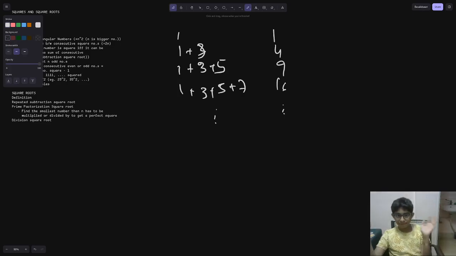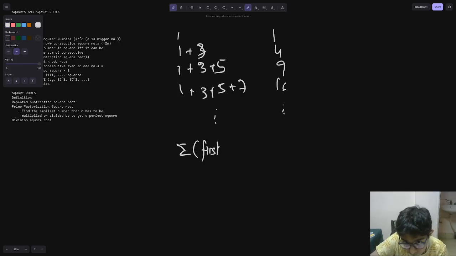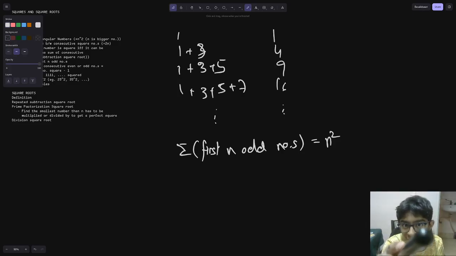So if you have n odd numbers and you sum them, you will get the nth square number. This is the same as that property which I told you before. So the sum of the first n odd numbers is n square. Got it?